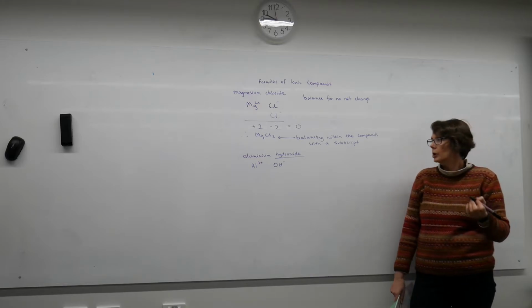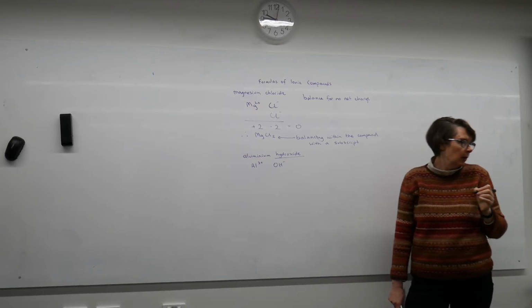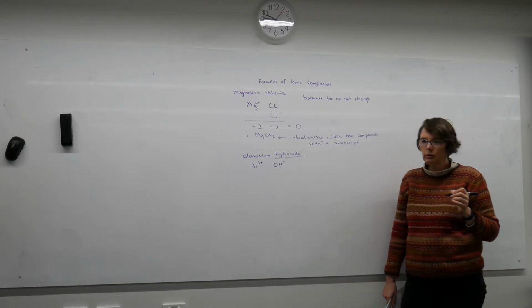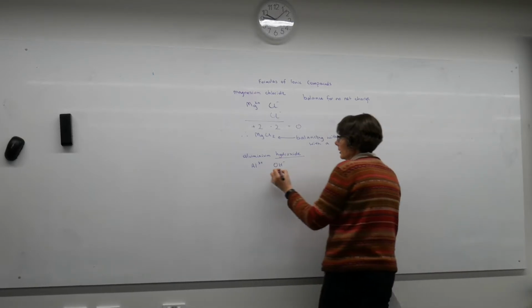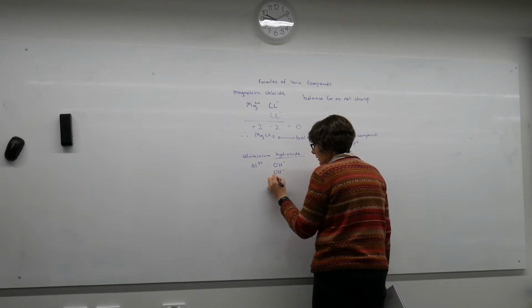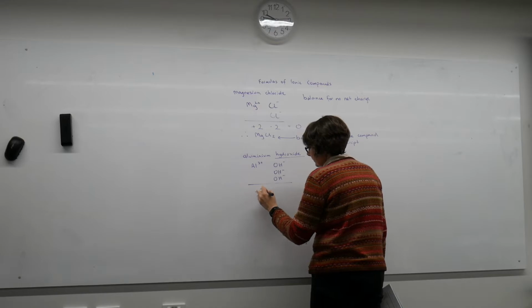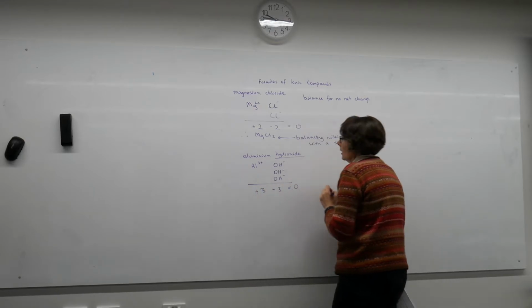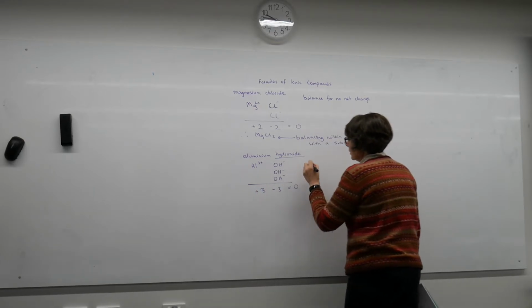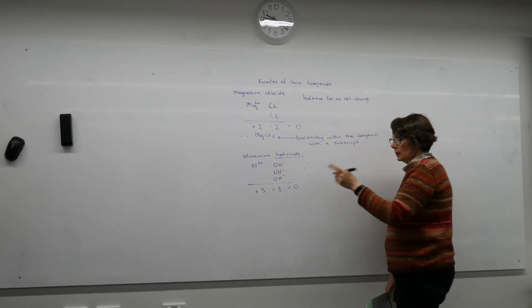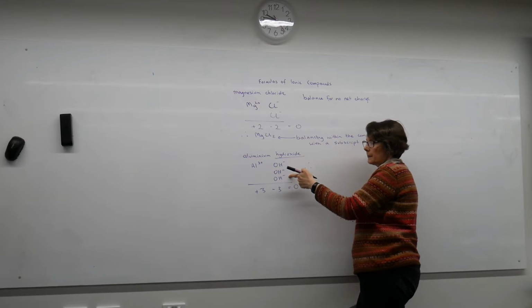And so, with my magnificent mathematical skills, I can figure out that I'm going to need 3 of these to balance, and so therefore my compound will be needing 3 of these.